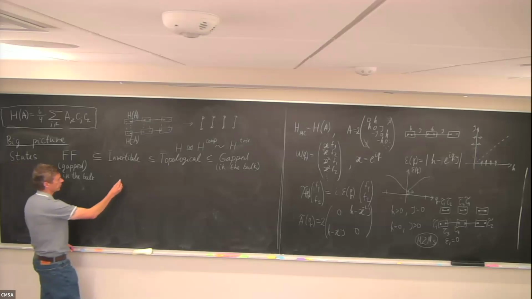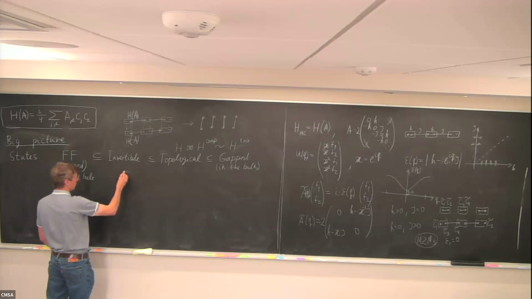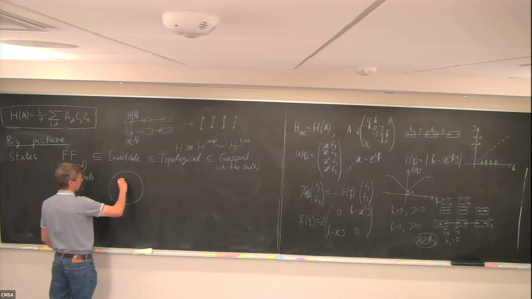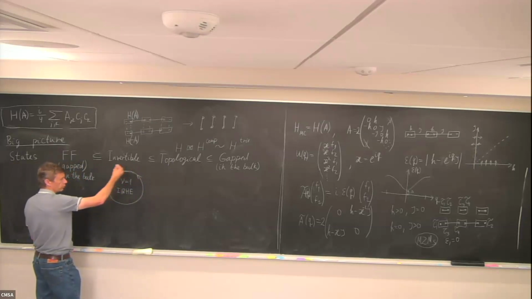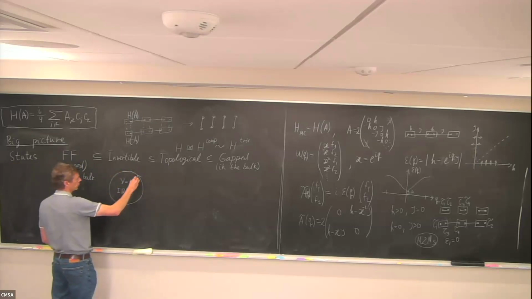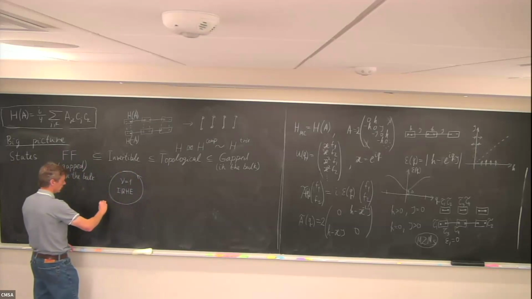And another example of ungappable boundary is integer quantum Hall effect. For example, nu equals 1 integer quantum Hall effect, which is a gapless mode that propagates along the boundary in one direction. It's called chiral mode. And this is an example of ungappable boundary.